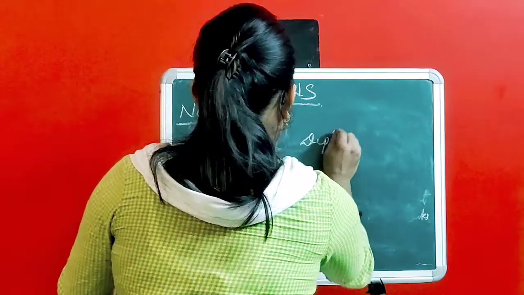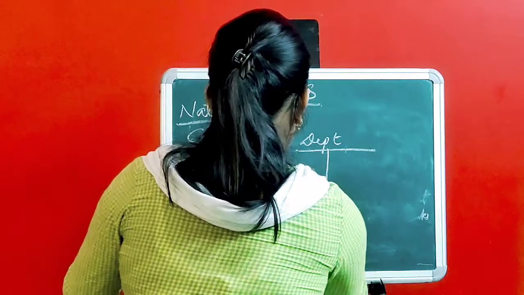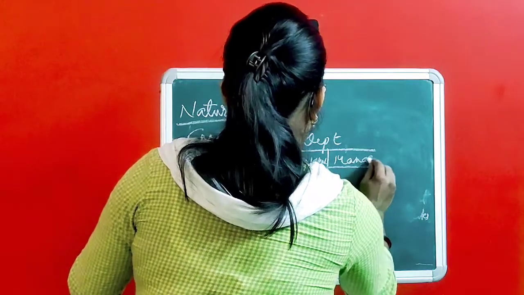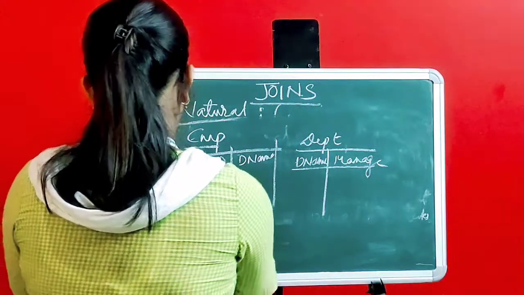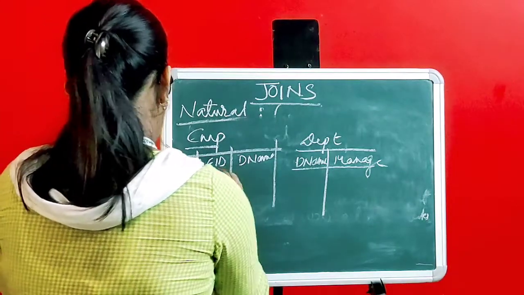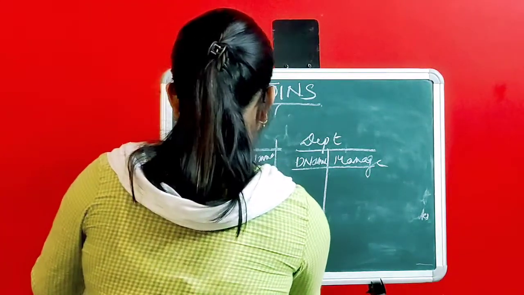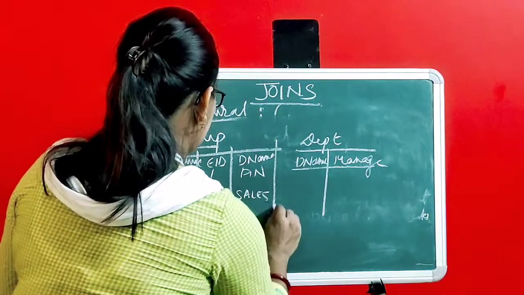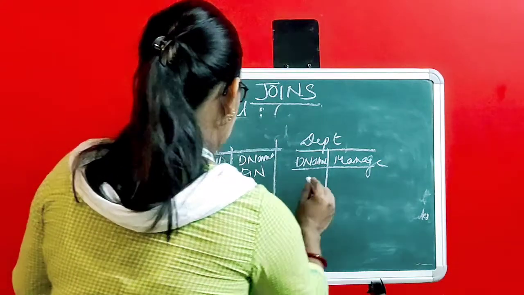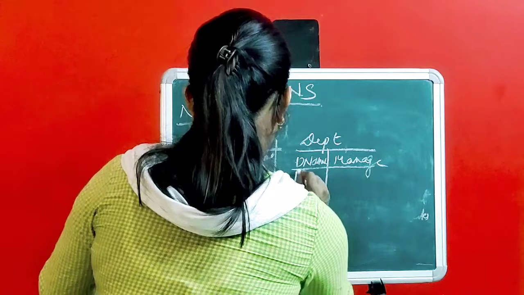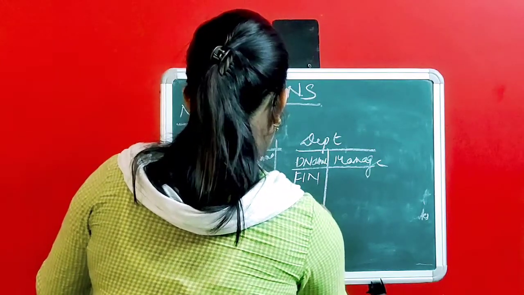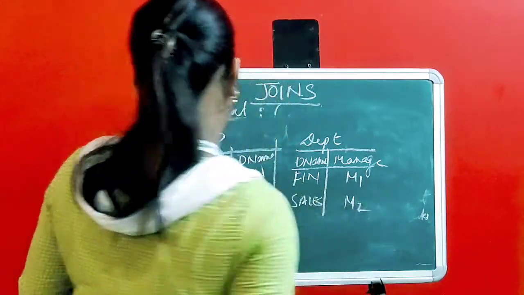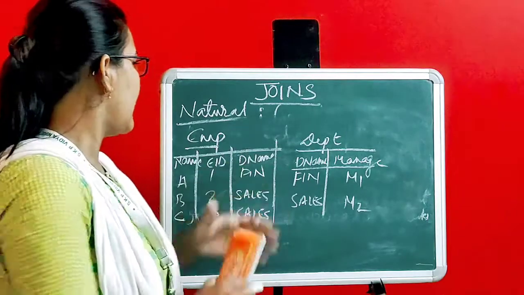Then the department table, DName, and here manager. So for name you can write A, B, C, and 1, 2, 3. For DName here write finance, sales. Here again you can write finance, sales, M1, M2.